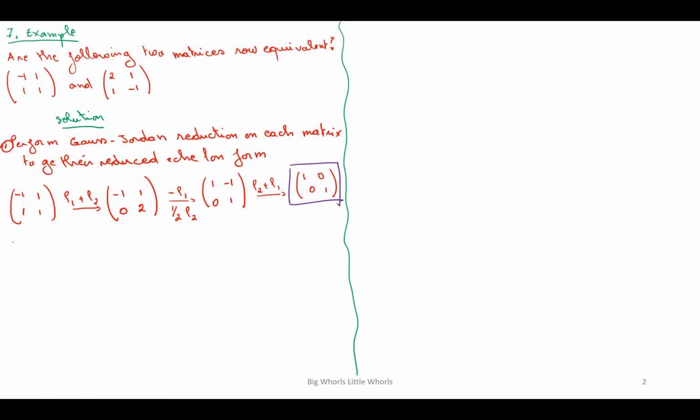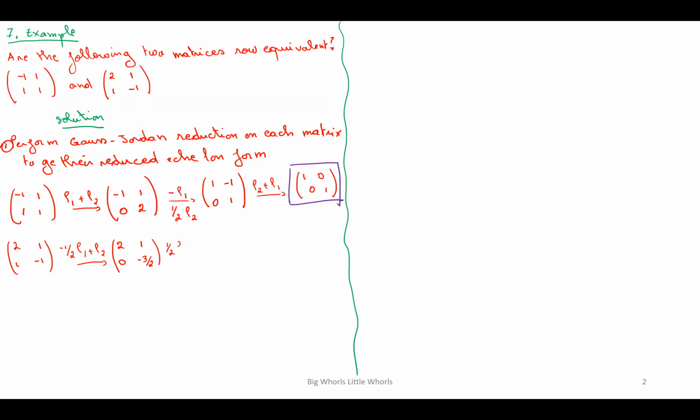Now let's do the same thing for the second matrix. 2, 1, 1 minus 1. Okay, so I have a minus a half, row 1 plus row 2 will give us 2, 1, 0, minus 3 over 2. Okay, then we turn the leading entries into 1.